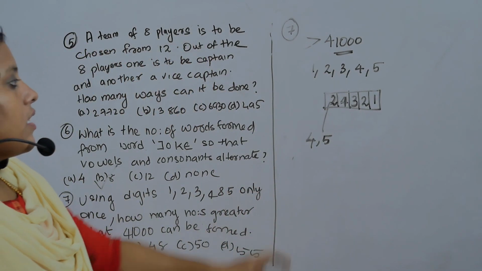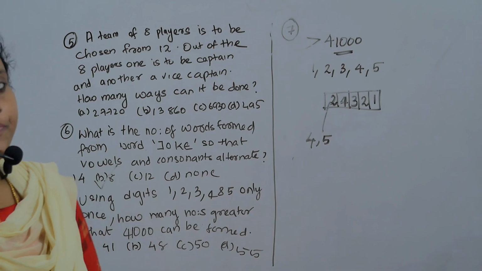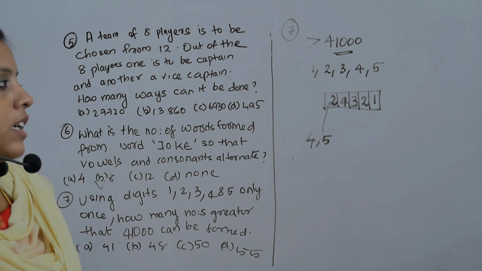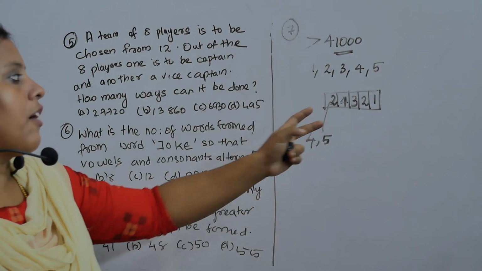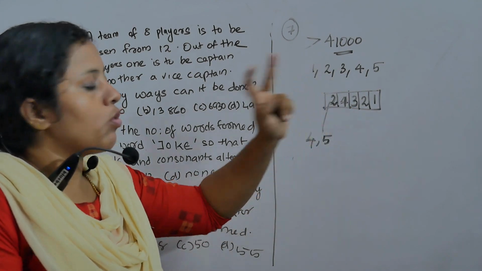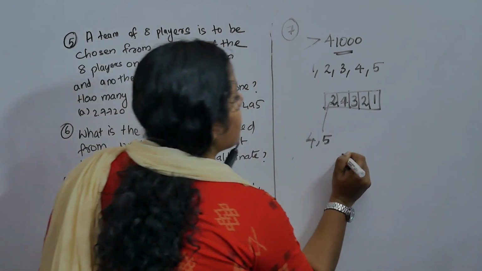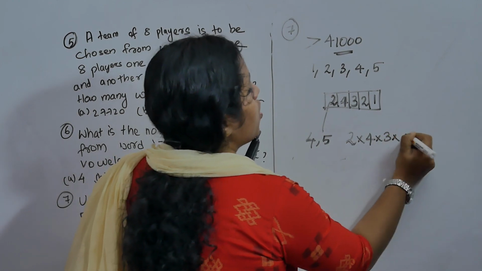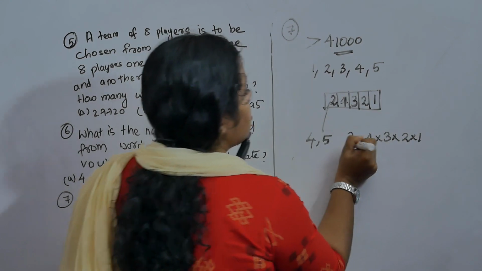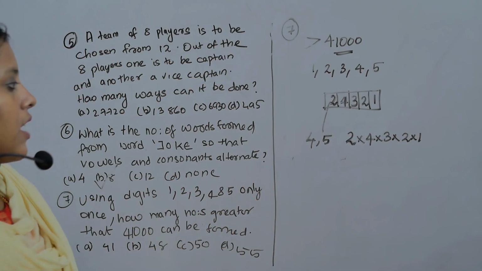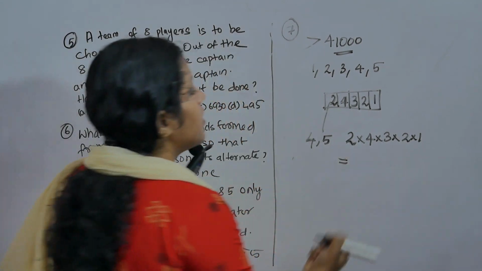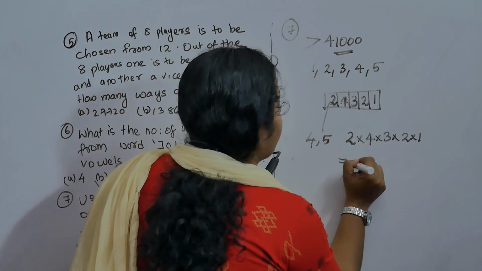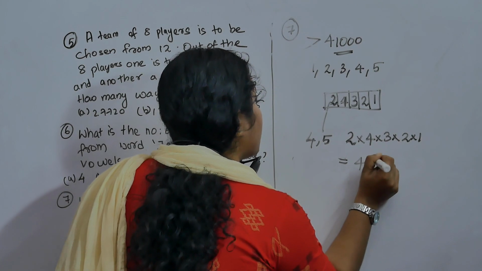So the answer is 2 into 4 into 3 into 2 into 1, that is 8 into 6, 48. So the answer is 48 ways.